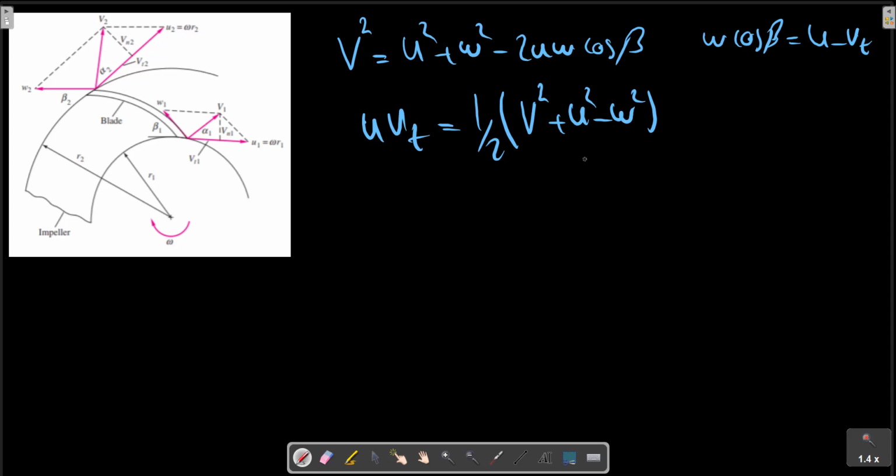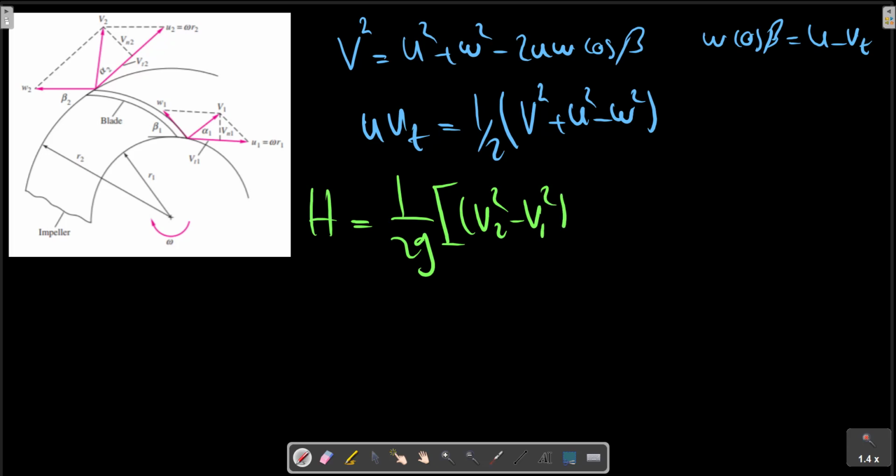Substituting this into the H relation gives the head of the pump.